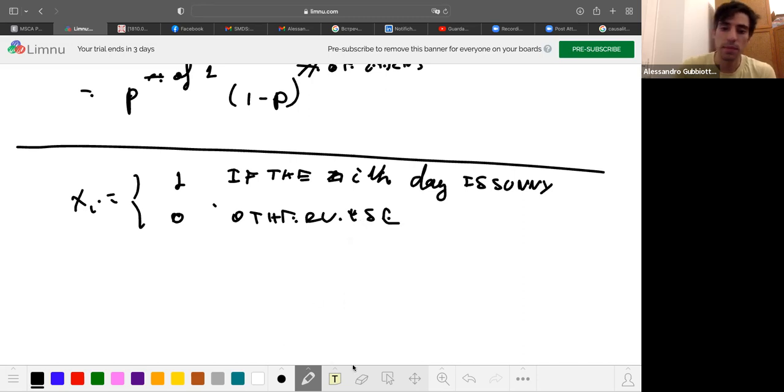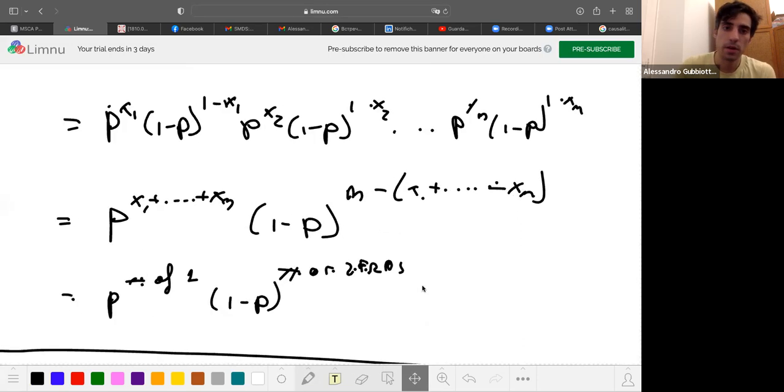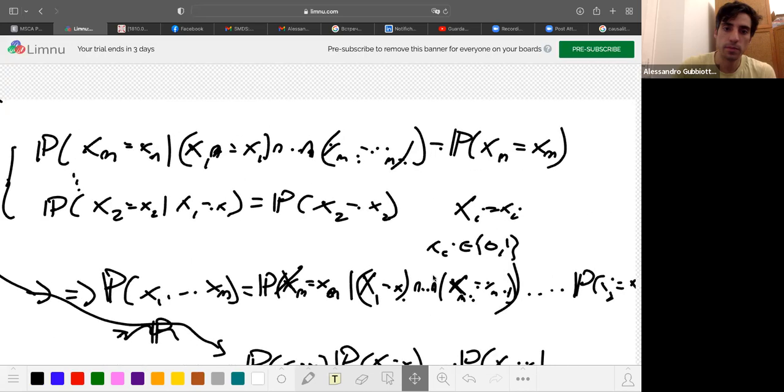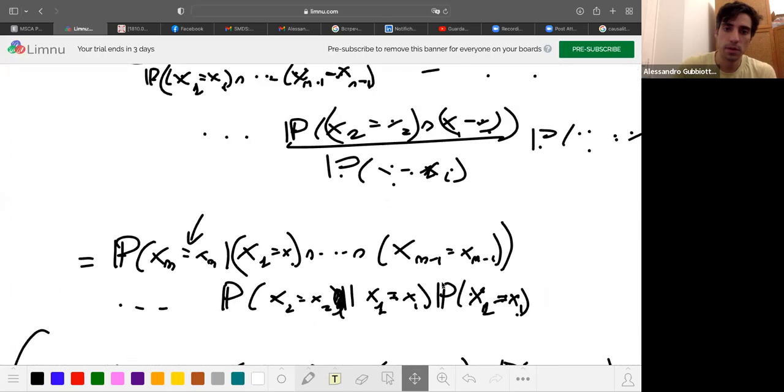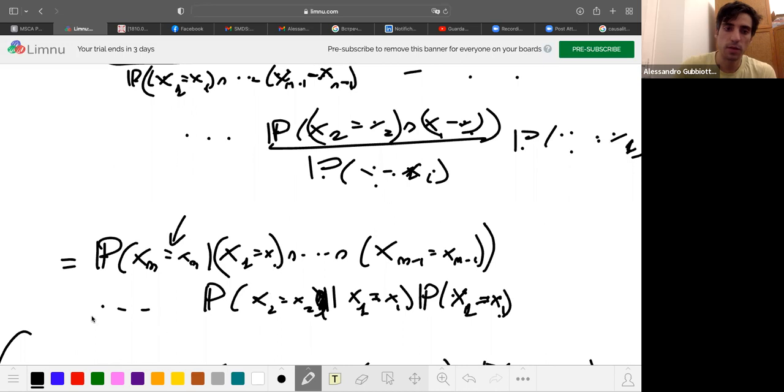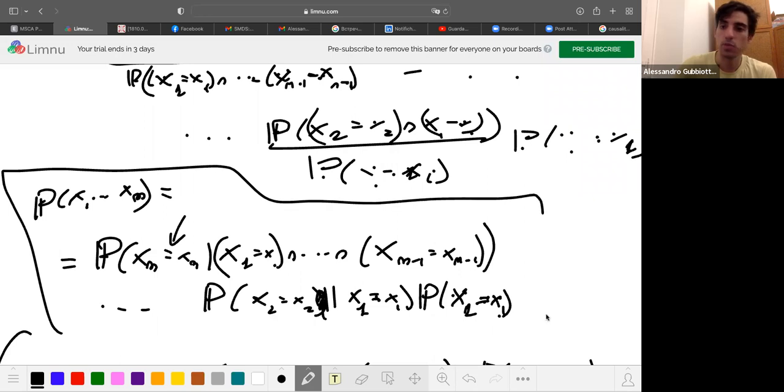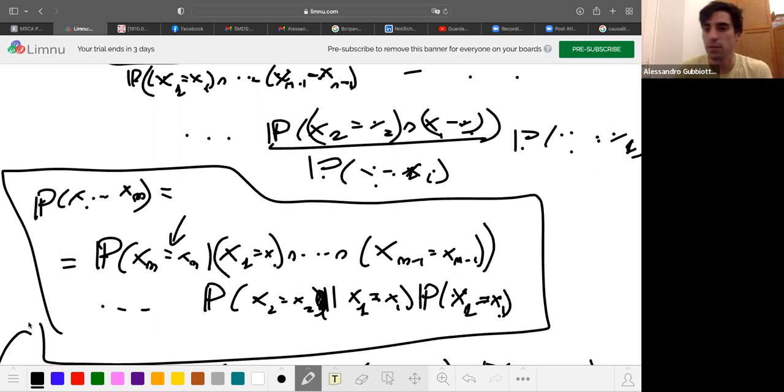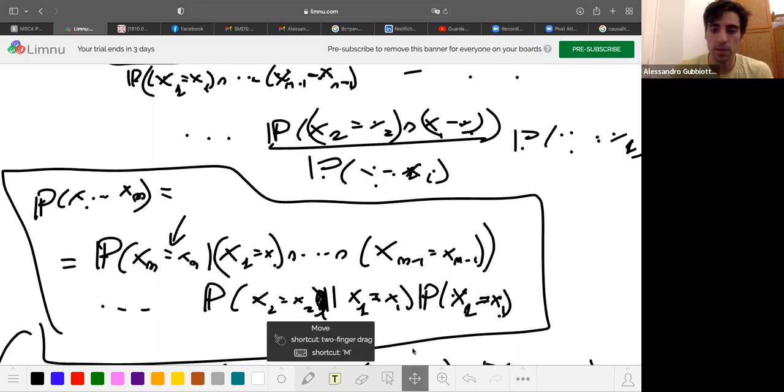Of course, up until here, this formula is true for every definition of xi. We just multiplied and divided by obvious definitions. So we didn't use any particular property of the xi. So this is always true.